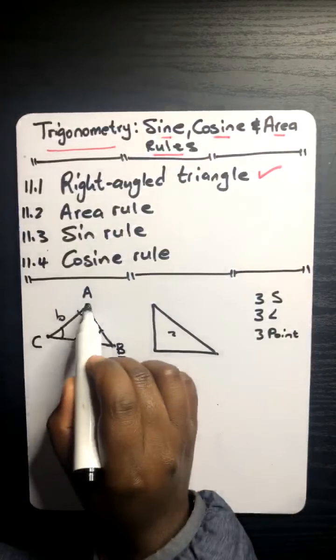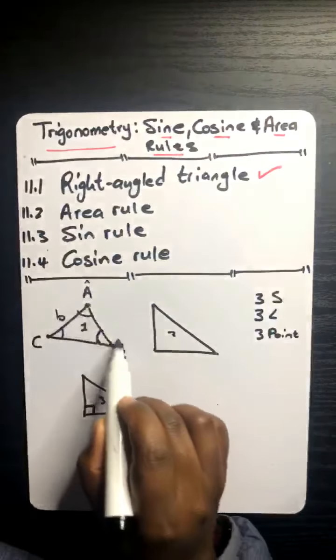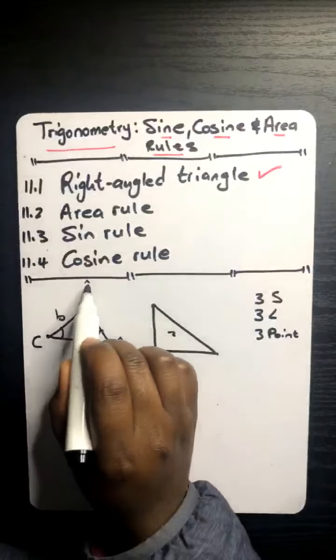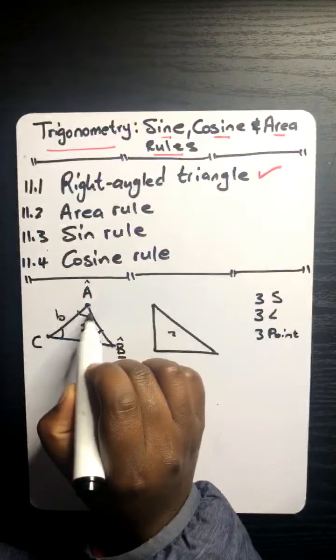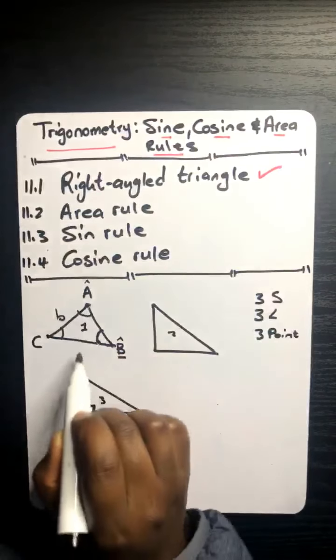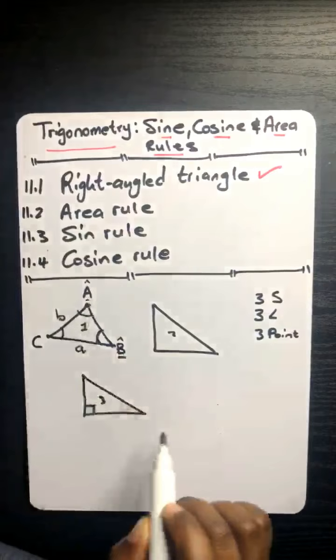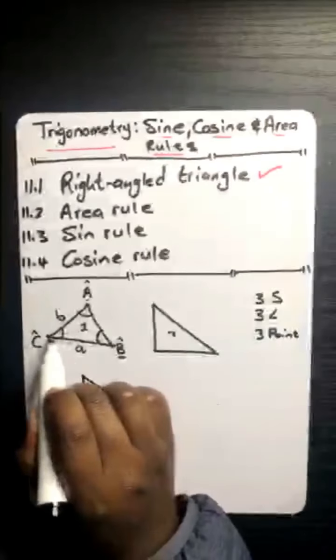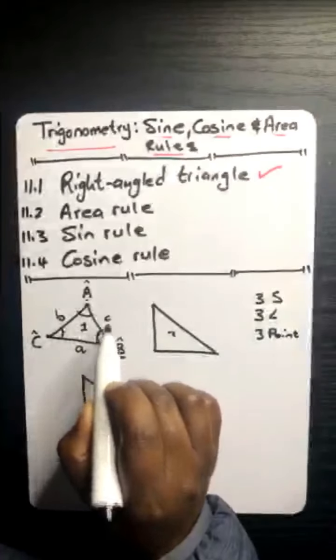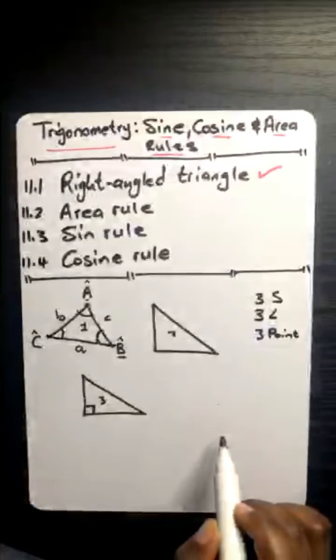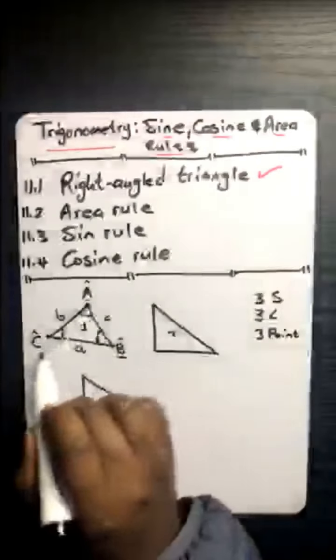So that was angle B. For angle A, the opposite side is the small letter a. Here we've got angle C, and the opposite side is small c over there. Very much important. So A, B, C.